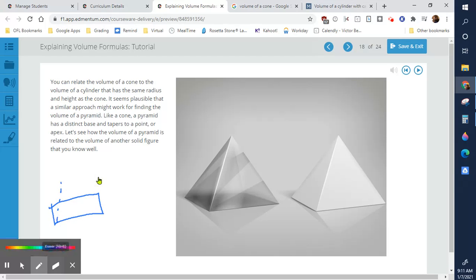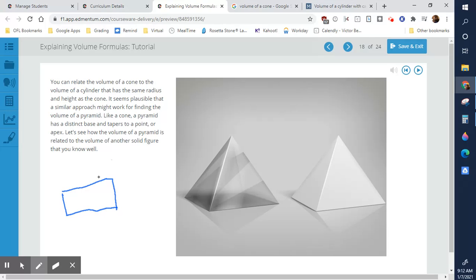You start with a rectangle, you draw your lines going this way, you connect these, you then do this parallel to that line over there, make sure they're the same lengths, draw a line over here, and then you can have a dotted line at the same angle as this line over here, and make this parallel to this line over here, and then you can just do this line, and it should be parallel to this line and the same length, and there you have a prism.